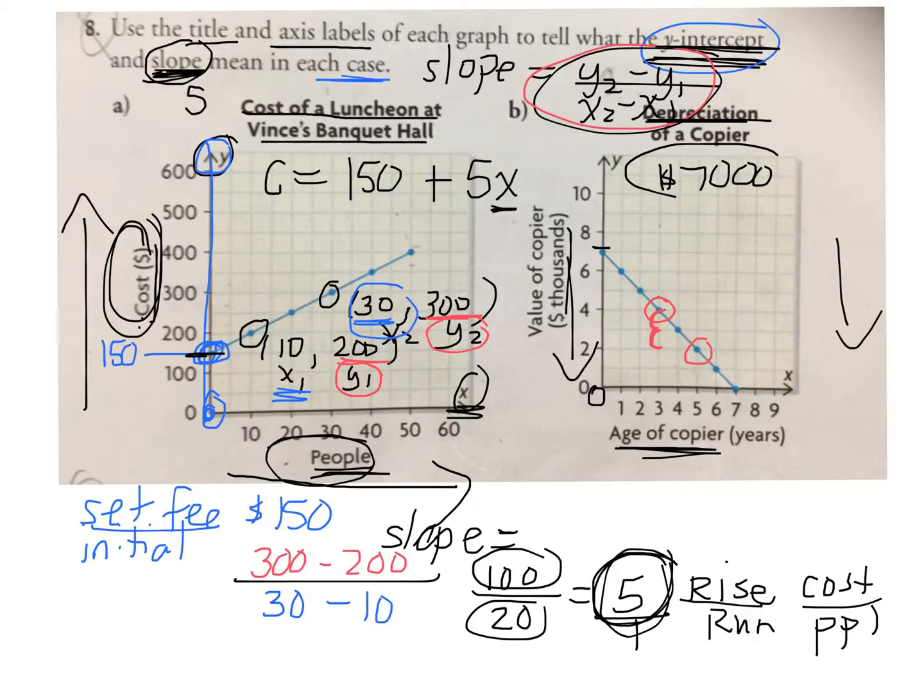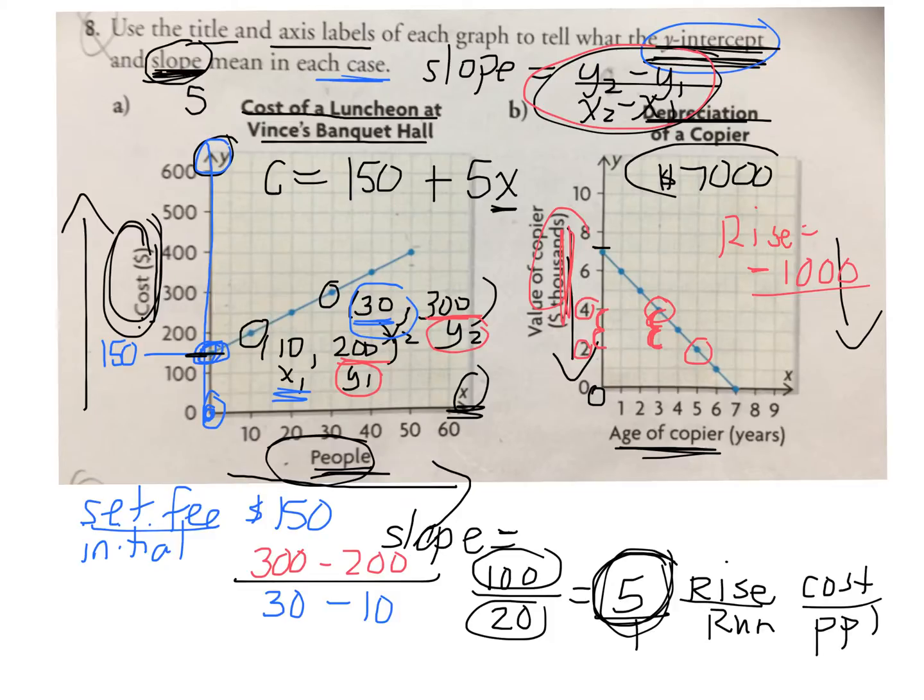But you have to look at the scale. Is it counting by ones? Yes, but each square represents how much? 1,000. So the rise is actually negative 1,000.